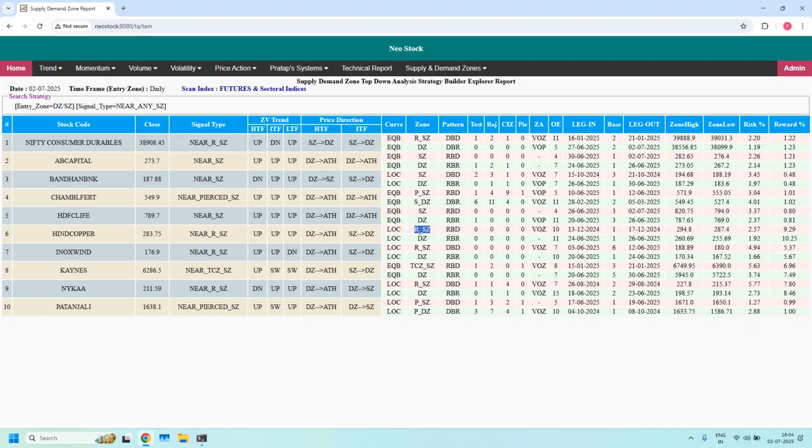Hindustan Copper is having a daily high liquidity supply zone. Inox Wind is having a daily high liquidity supply zone. Nykaa is having a daily high liquidity supply zone. So total 3 daily high liquidity supply zones are identified from this list.